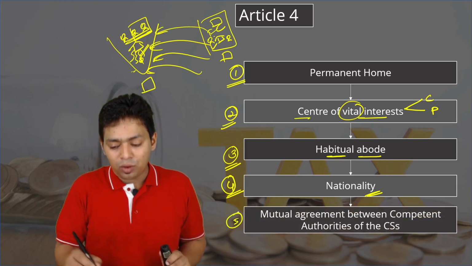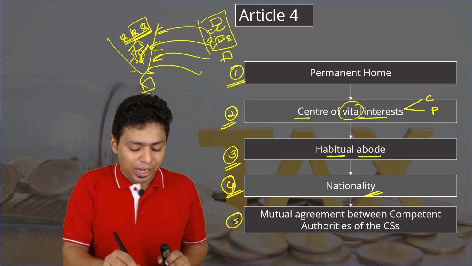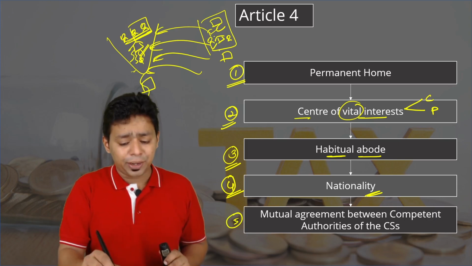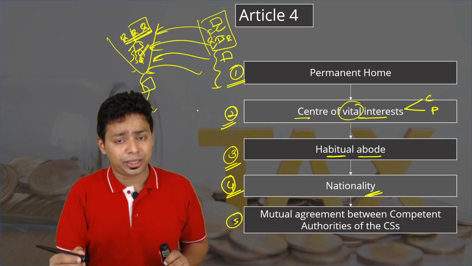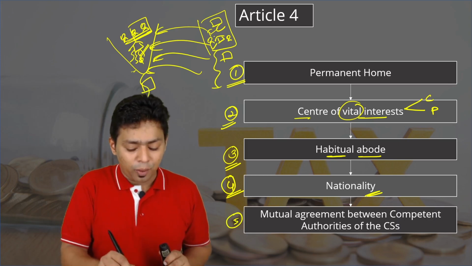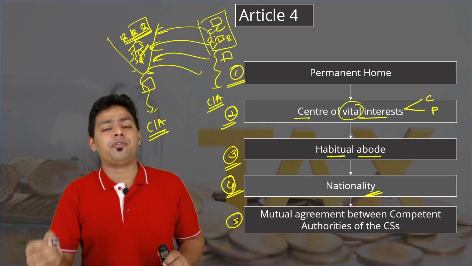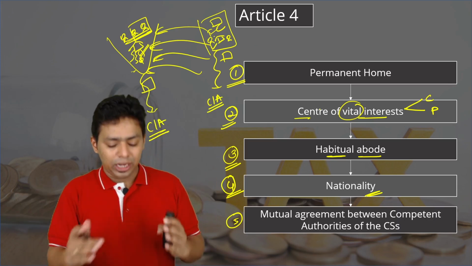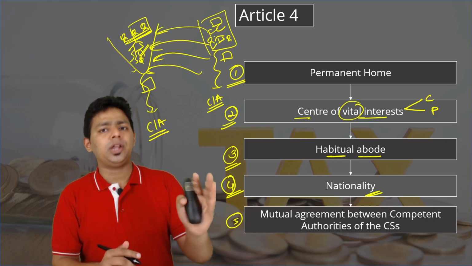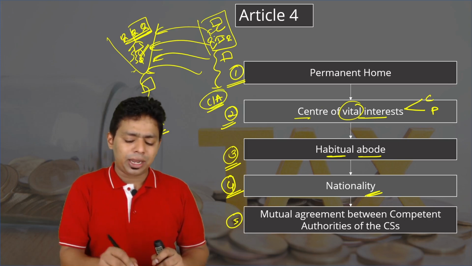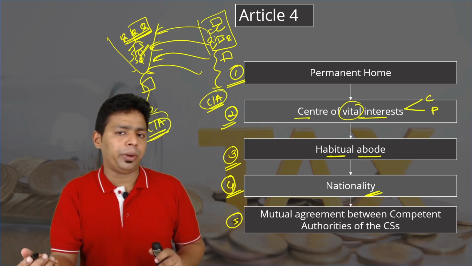So what will happen now? The country one, say for example India, will have a representative, and the foreign country will also have a representative called the competent authority. The competent authority of India and the competent authority of the foreign country will sit together. In India, the competent authority can be the CBDT or a representative of the CBDT. Similarly, the foreign country will send their competent authority.